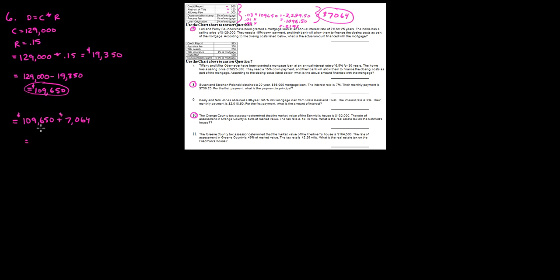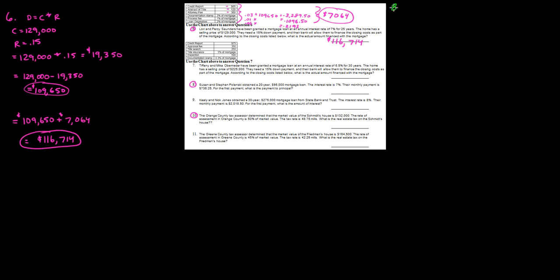So if I add all that together, the total amount that I'm borrowing is $116,714. So that is actually my answer for number 6, $116,714 even. So that gives me 6. 7 is very, very similar process.